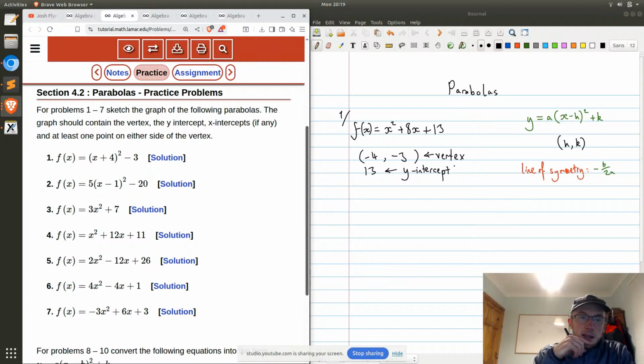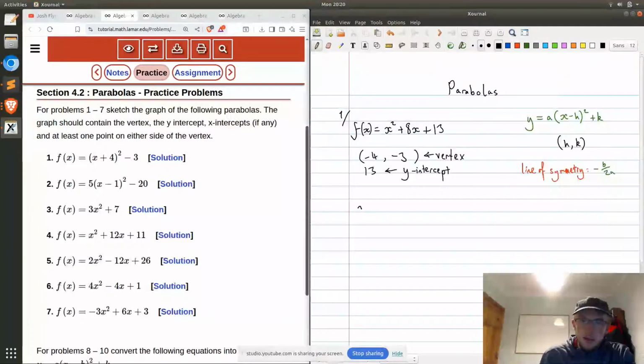As for the x-intercept, well, I guess we have to complete the square.